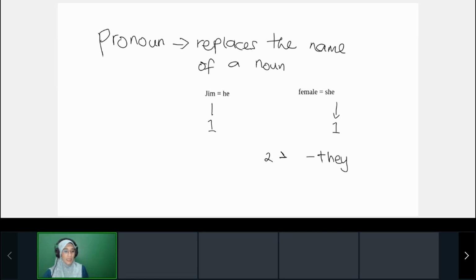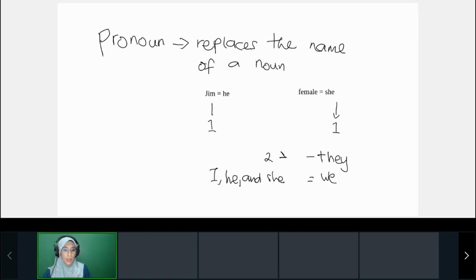Or if you include I in the story, I, he, and she, then this one will be we. So if you include yourself in the story, we can say it's we.